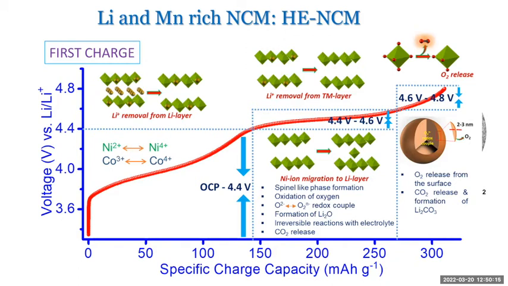Many oxygen atoms on the surface are actually loose. They are not completely bonded to the surface, and the oxygen released will react with the organic solution, which is mostly alkyl carbonate solution. So there will be a release not only of oxygen as oxygen, but also as peroxide species and also as singlet oxygen, and they will react spontaneously with the organic solvent to form lithium carbonate on the surface, which is also undesirable.